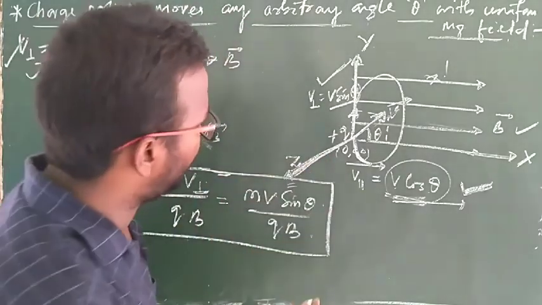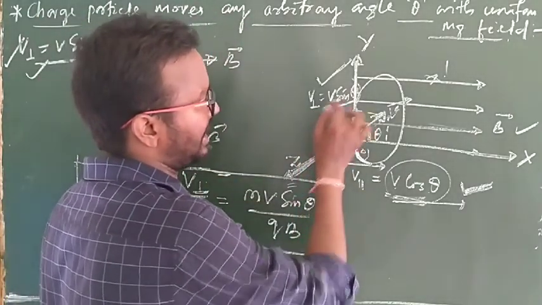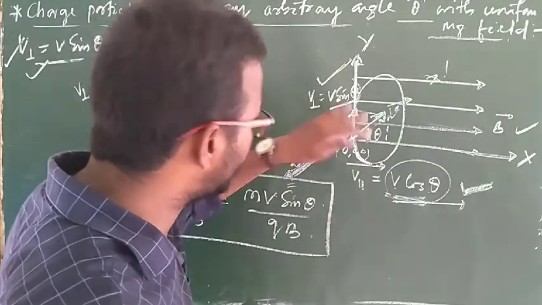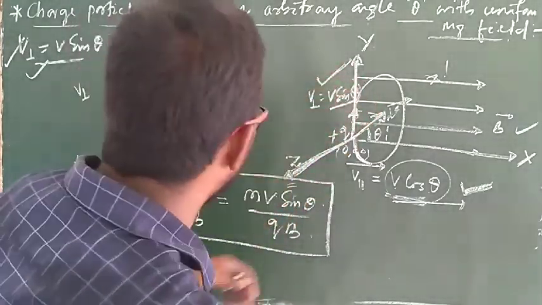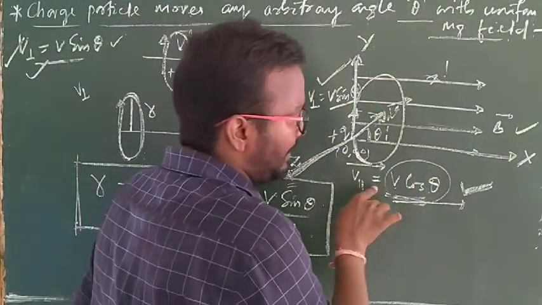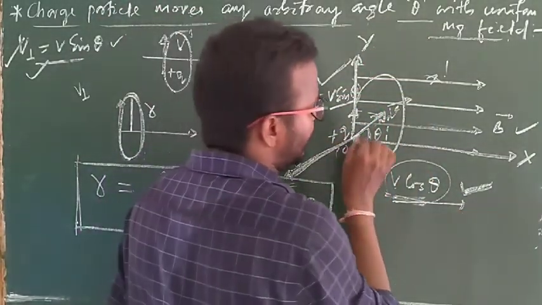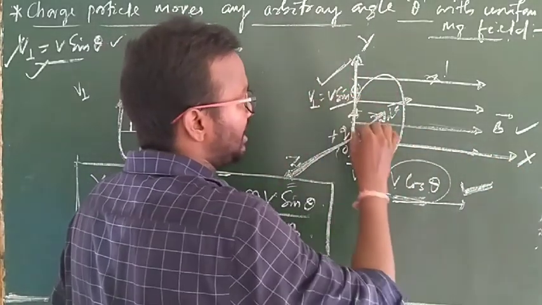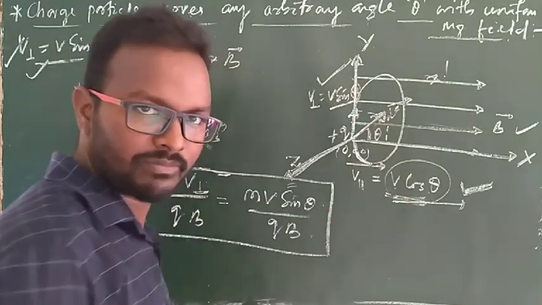The other component is the perpendicular component, v sin theta, and it experiences a force. Due to this magnetic force, the charged particle makes a circle, and due to the parallel component, the particle travels along a straight line. Clear?